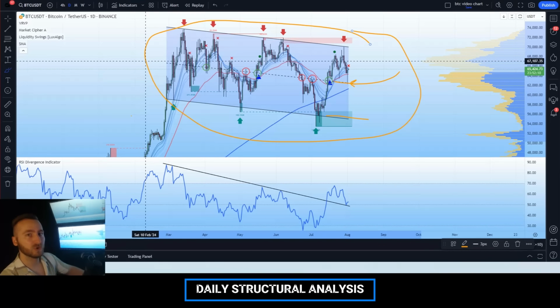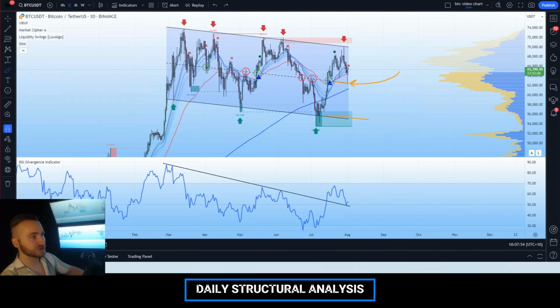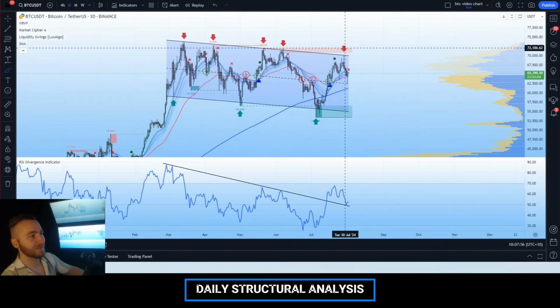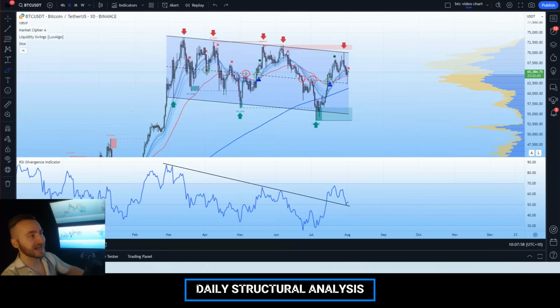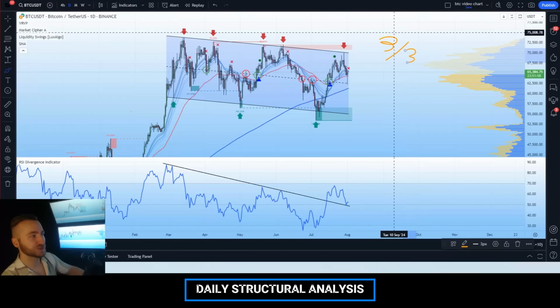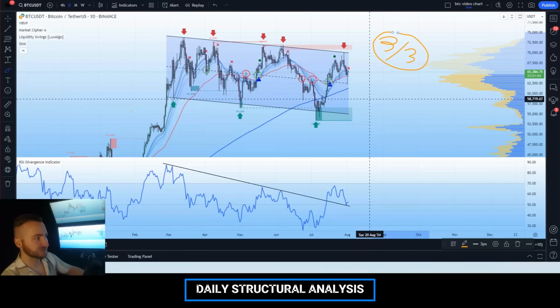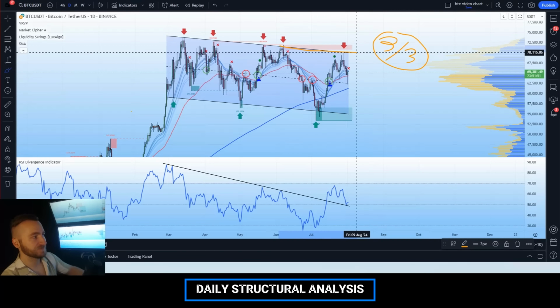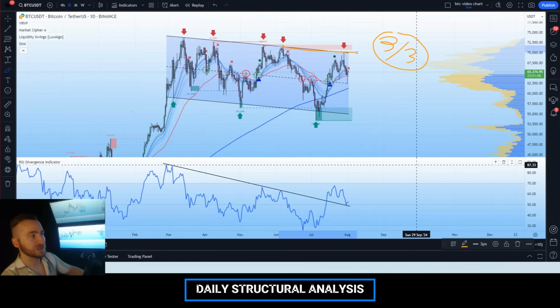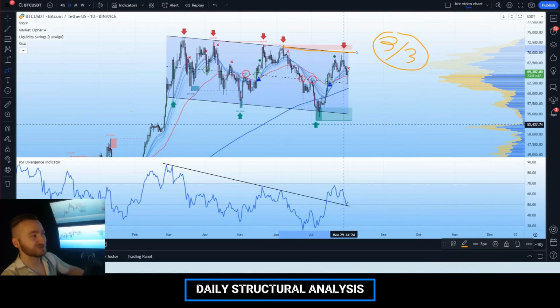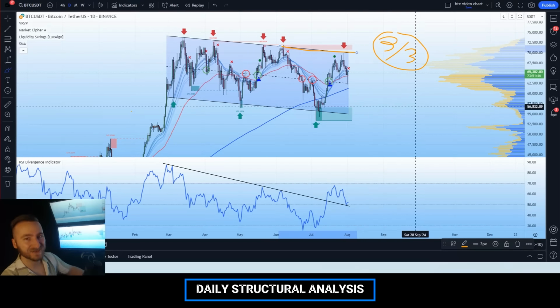Alongside saying that, I've also been saying you should not be expecting a directional continuation up into the $80,000 region until we have three of the three validation points we look for in directional breakouts. In this instance, we have never had more than one.